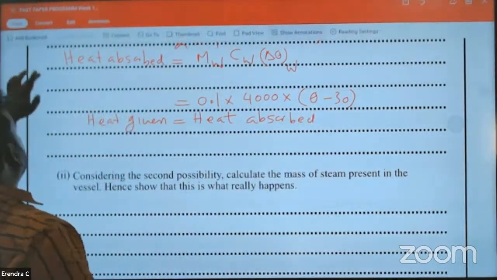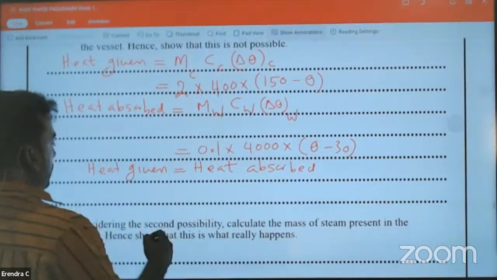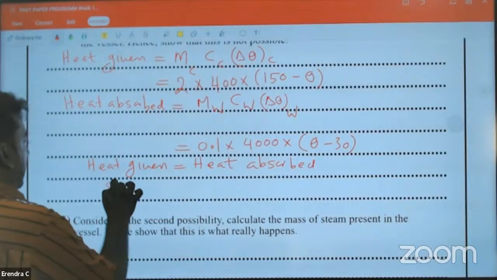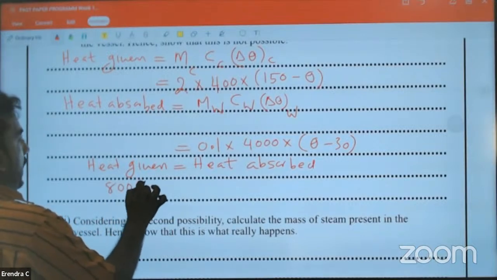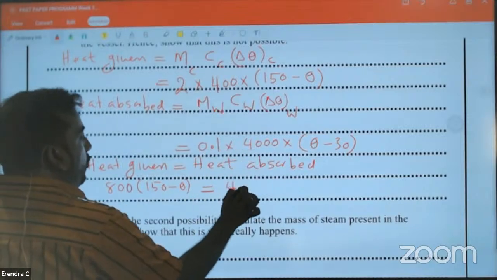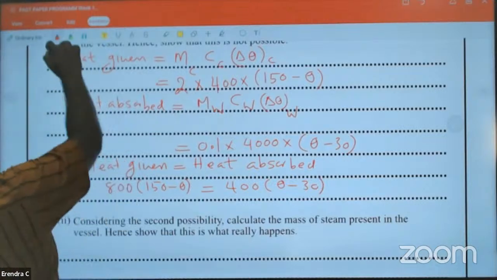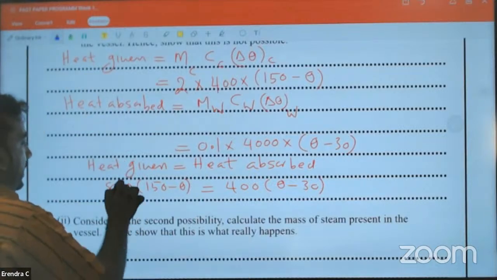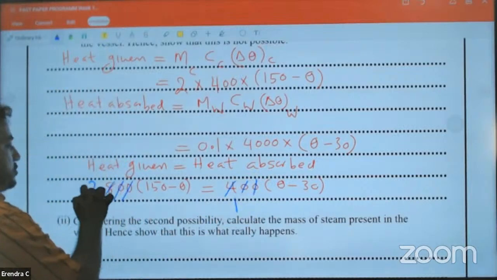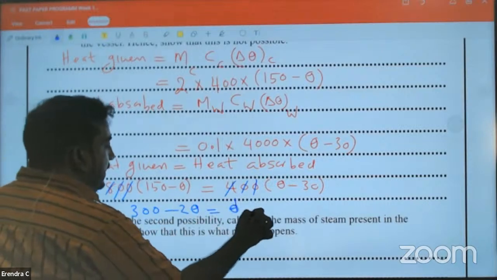Let's see what is heat given. We have calculated, no. 800 times 150 minus theta. Heat absorbed: 400 times theta minus 30. Right. Let's work. Once you get here, simplify it. Cancel the zeros: 4 times 1, 4 times 2. Open brackets: 300 minus 2 theta equals theta minus 30.